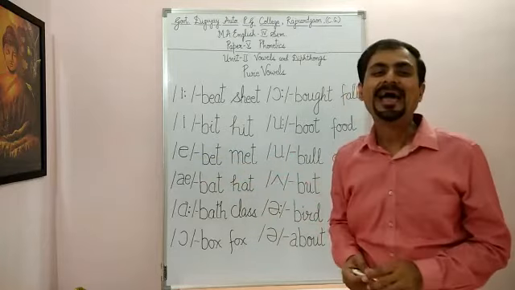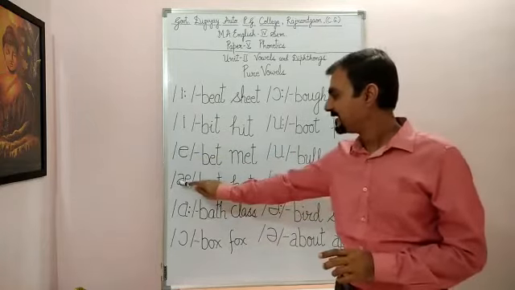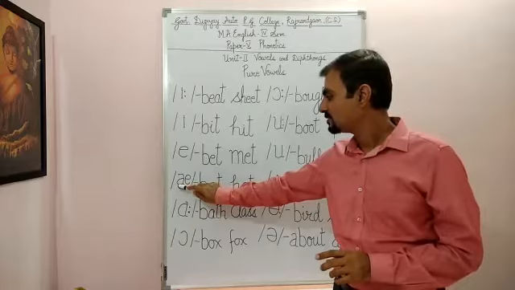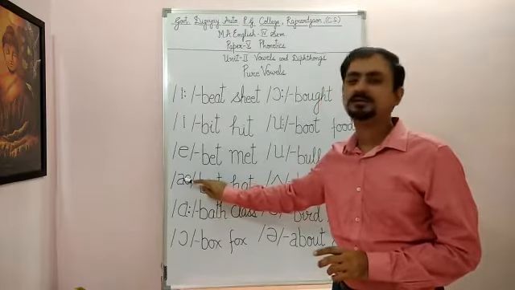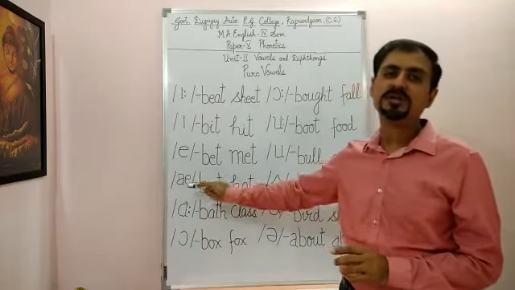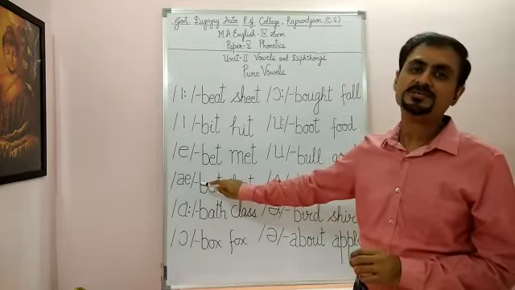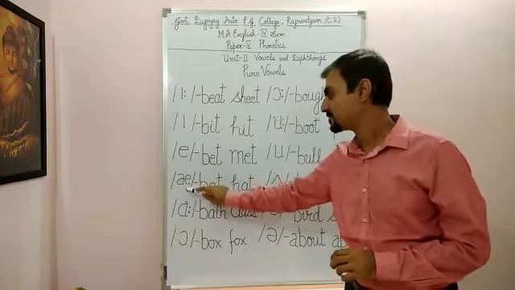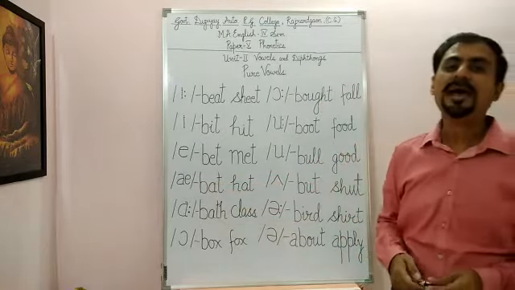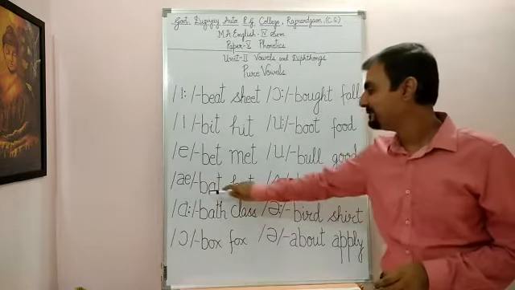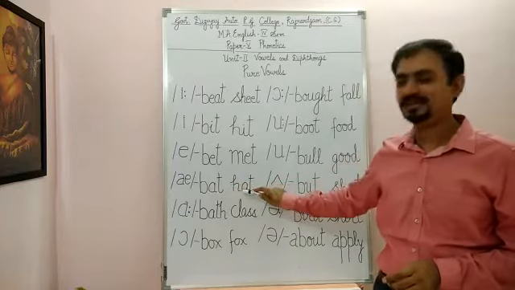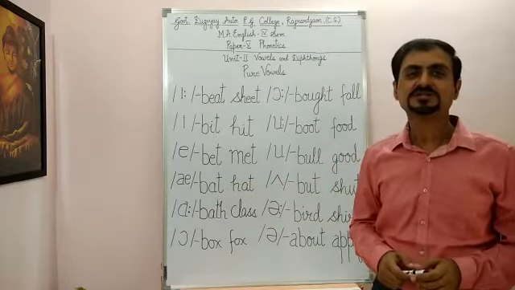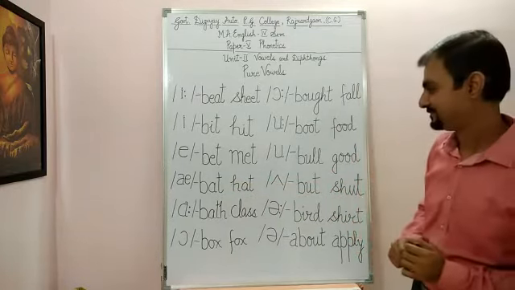Next is /æ/. The symbol looks like a combination of small letter a and e, written together. That makes the sound /æ/. /æ/ as in bat, hat, fat, sat.